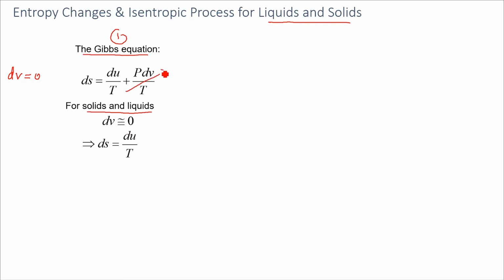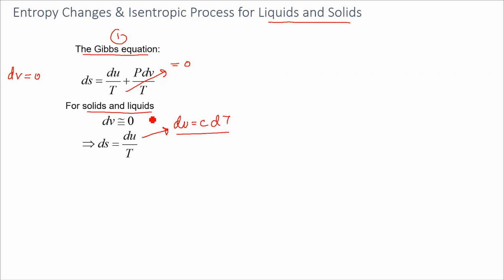So this term would essentially be zero for solids and liquids, and change in entropy would be dependent upon dT over T. And if you remember the lecture on du for solids and liquids, you know du is essentially C dT.